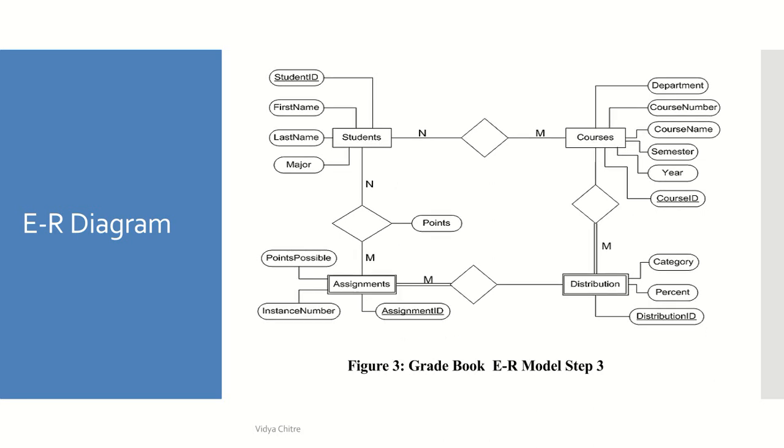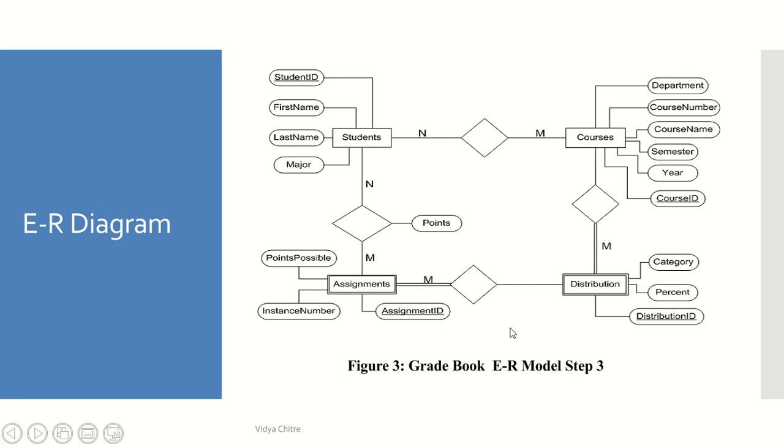It has been very clear that primary key is nothing but the unique identifier for that particular entity. Now next is we have to identify which are the entities which are weak, and the weak entity means that is dependent on the other entities.